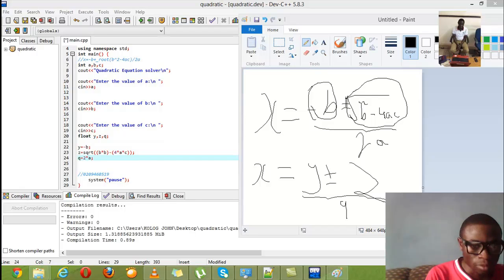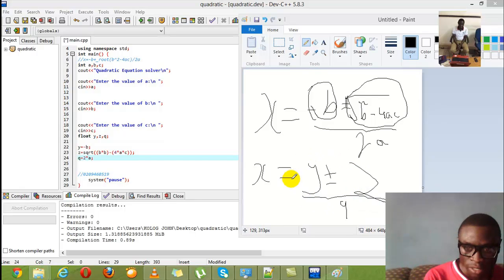So from this new formula, we then have y plus or minus z. The y is for the minus b, the z is the square root of b squared minus 4ac, and q is for the 2a. So if we have this, in the computer we don't have all over.